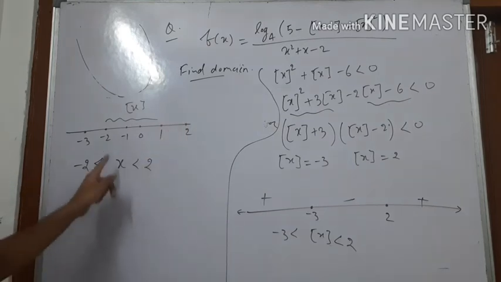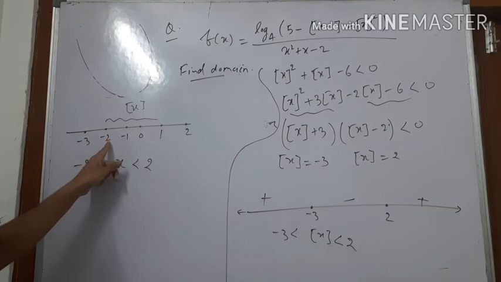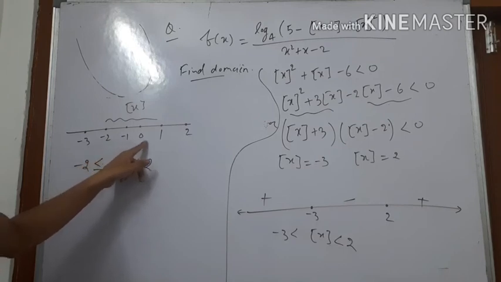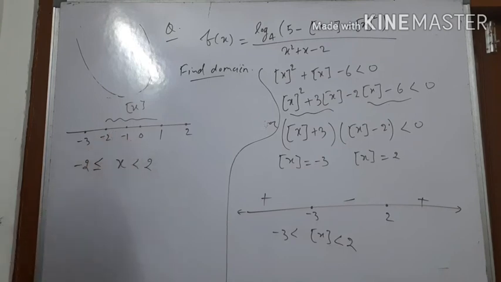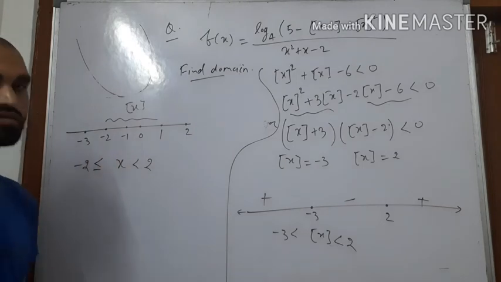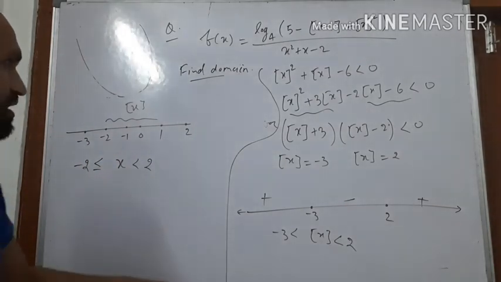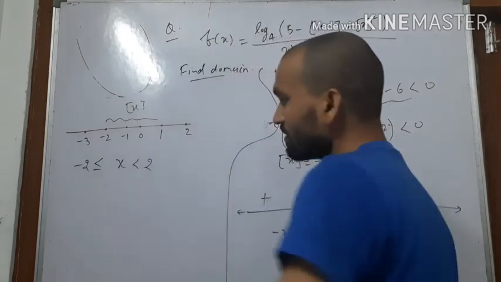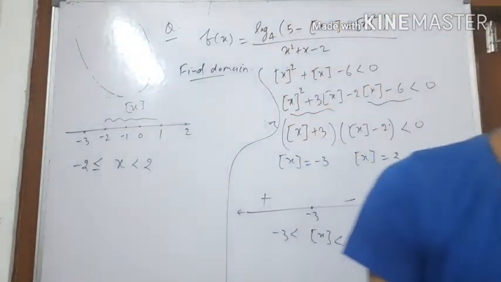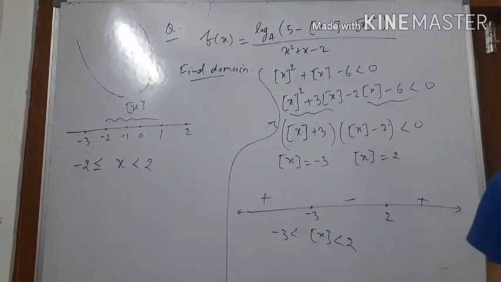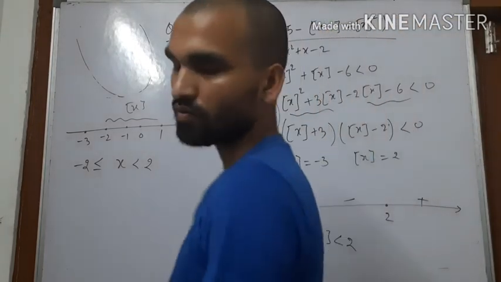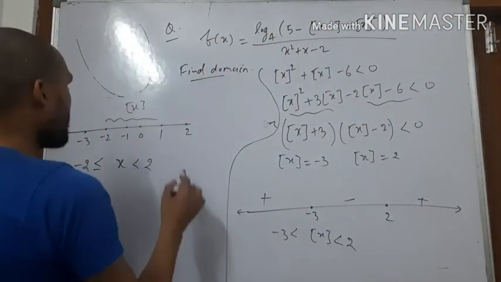Okay, and all values starting from -2 and -1 will satisfy the condition. So x is this. So from the numerator part, we have calculated that x should belong to the closed interval -2 to open interval 2. This is our relation number 1.